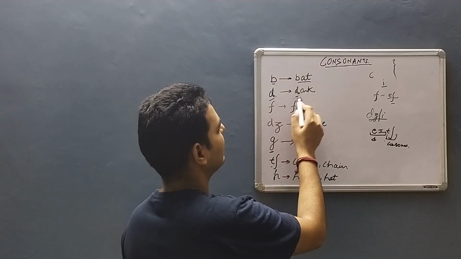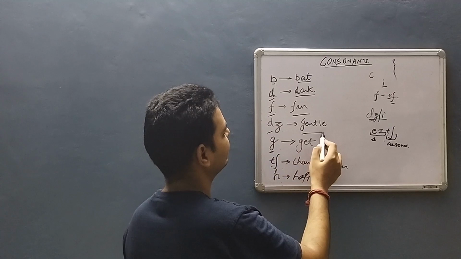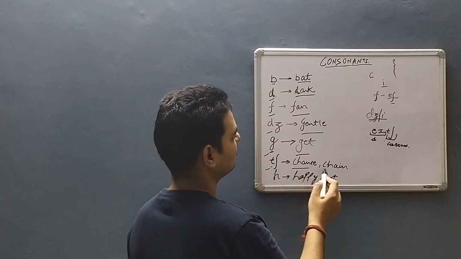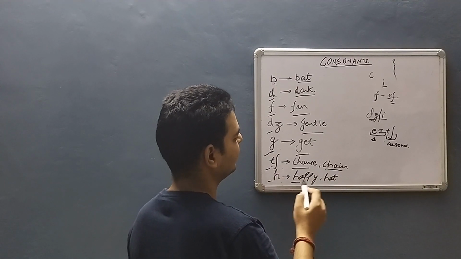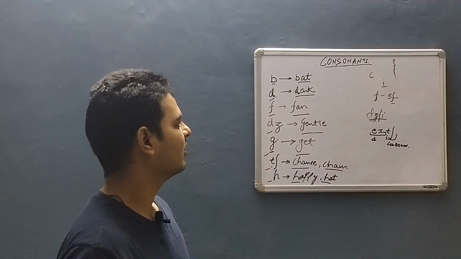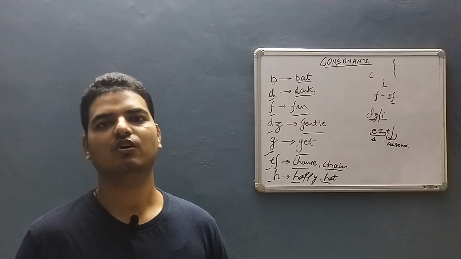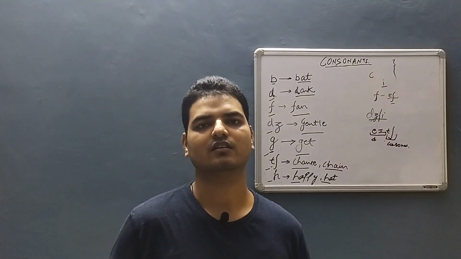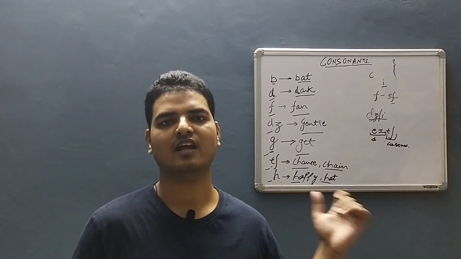D, dark. F, fan. J, gentle. G, get. Ch, chance or chain. H, happy or hat. These are the 7 consonants we learned today.